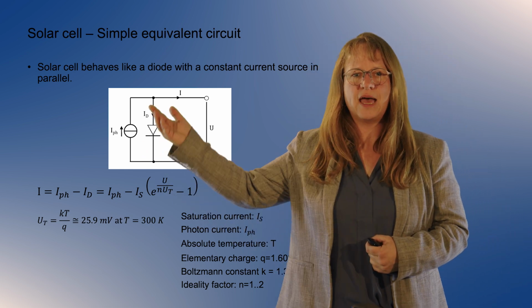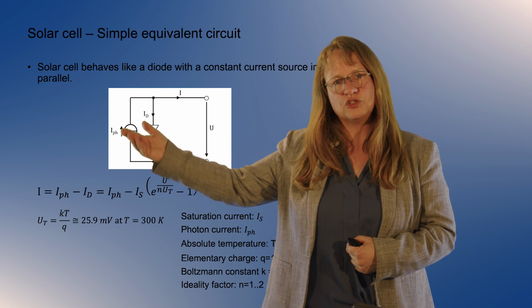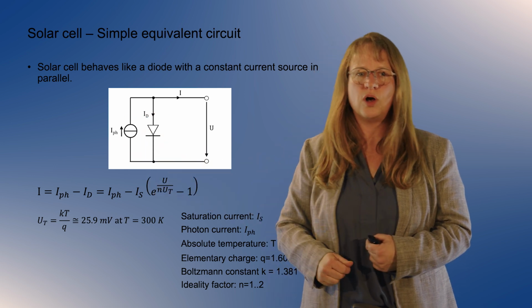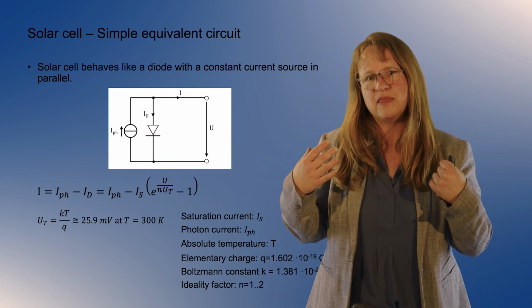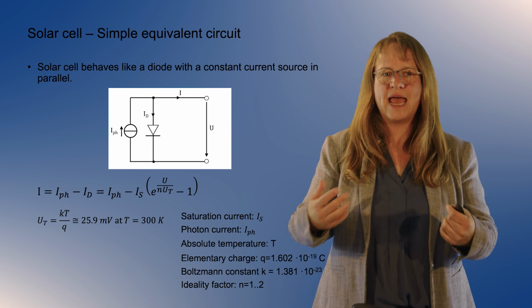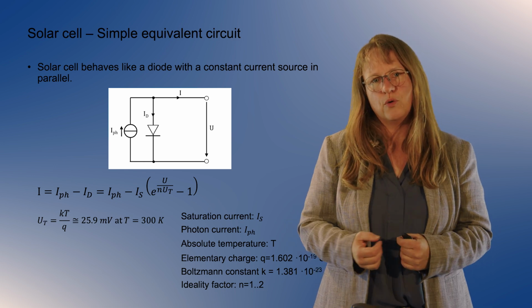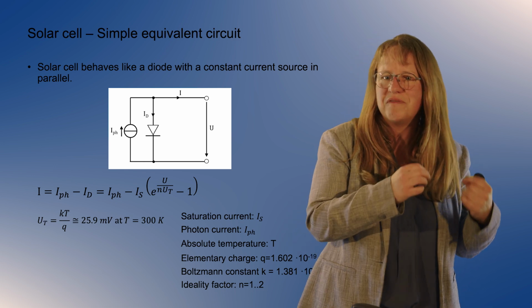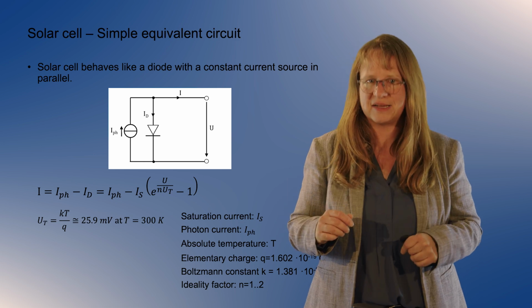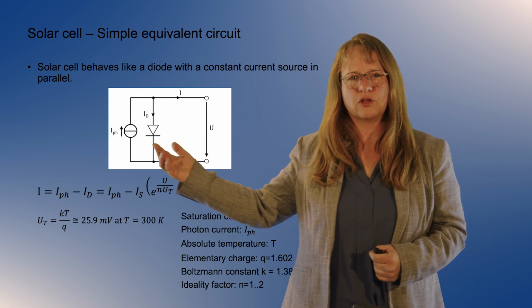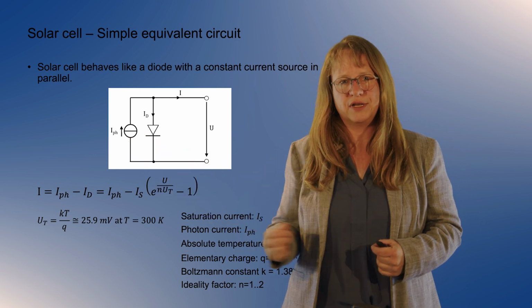So we have the diode in parallel to this constant current source that is sourced by the photons. The electron current follows the photon flux, and this is called the photocurrent.